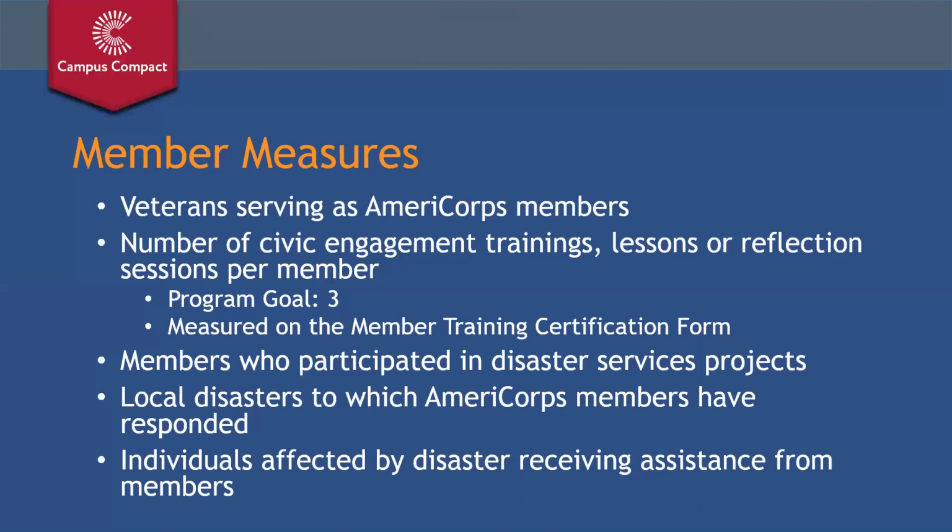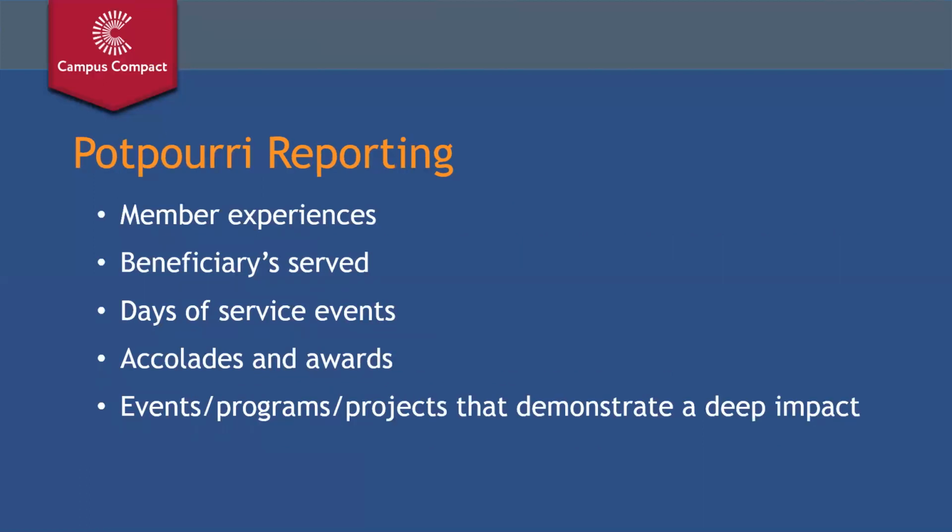If you have any members who are affected by that disaster, by that flooding, CNCS wants to know about that as well. Again, we don't need to know names or anything like that, just aggregate, just a 1 to whatever that number might be. For most of our program, this is 0, although in Cedar Falls and in Cedar Rapids, there seems to be a lot of flooding there, and we often have members who respond to flooding in that area.